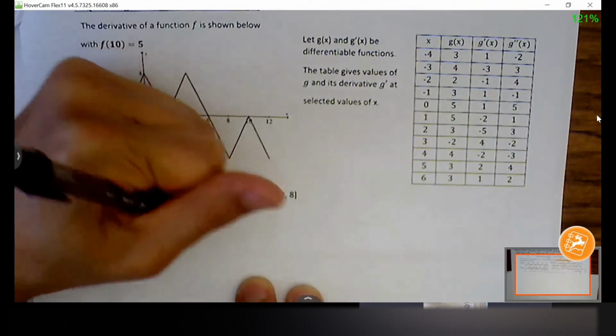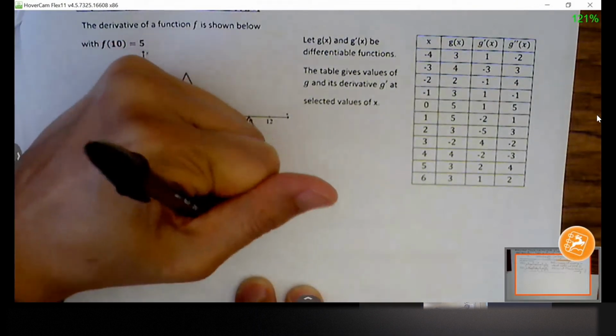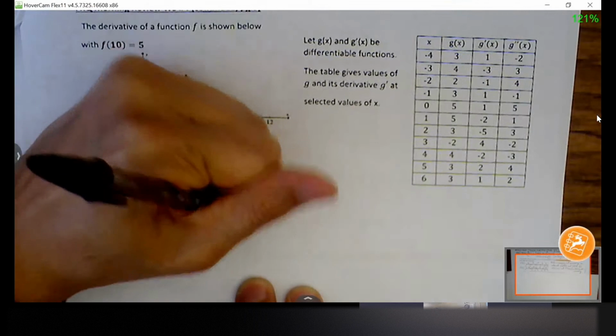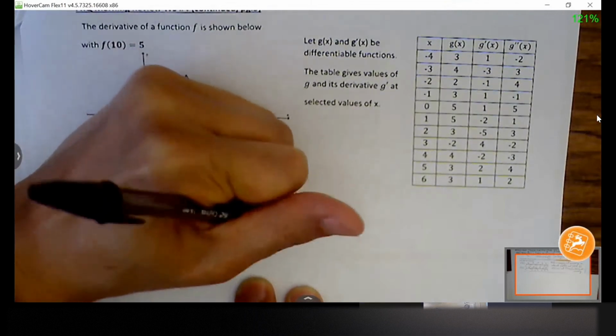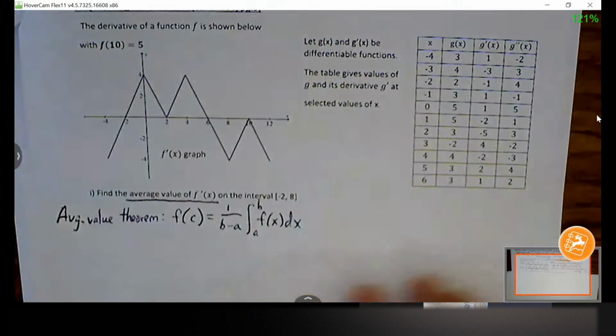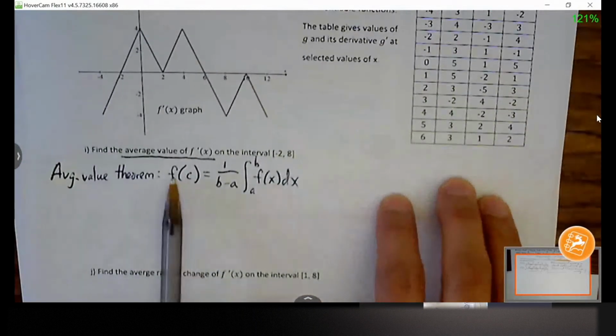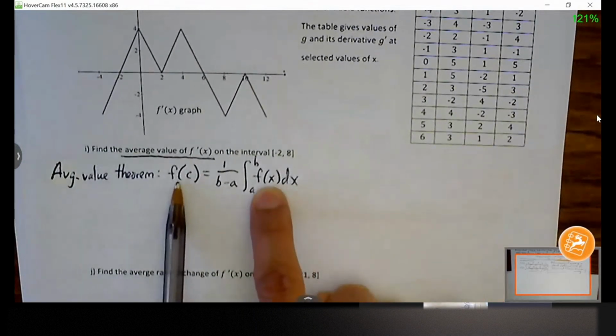f of c equals 1 over b minus a, integral from a to b of f of x. However, we're trying to find the average value of f prime, so we need to adjust these to be f primes.